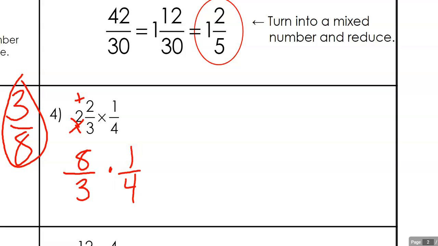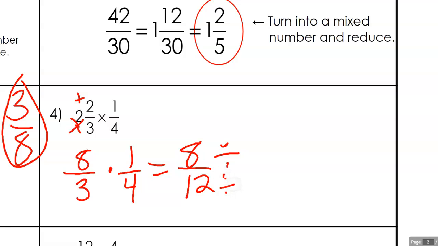So now follow the same procedures as before. You can cancel out diagonally or reduce diagonally or just multiply straight across. So when we multiply straight across, 8 times 1 is 8. When you multiply straight across here, it's 12. Remember, if you don't cancel out diagonally, please expect to reduce, okay?